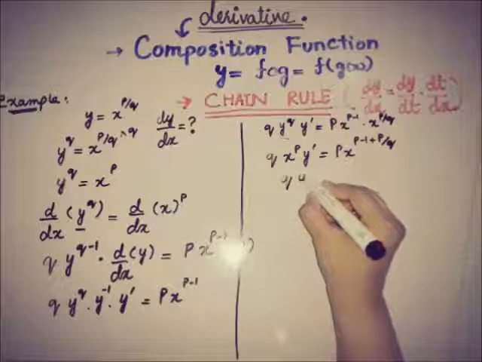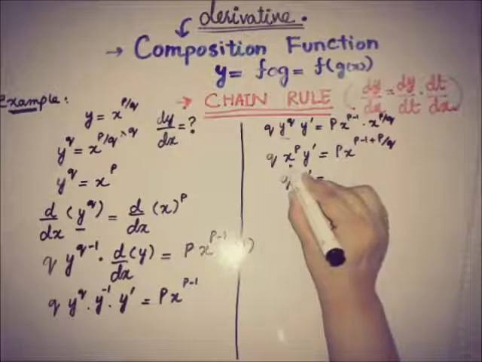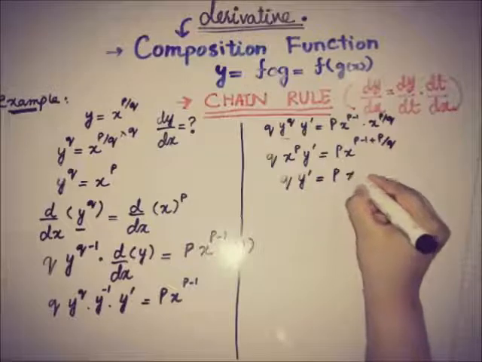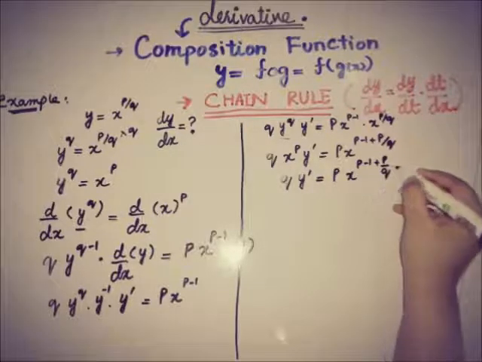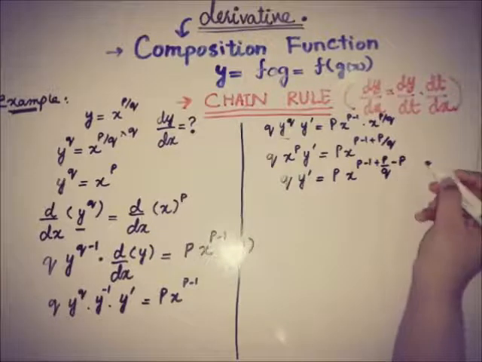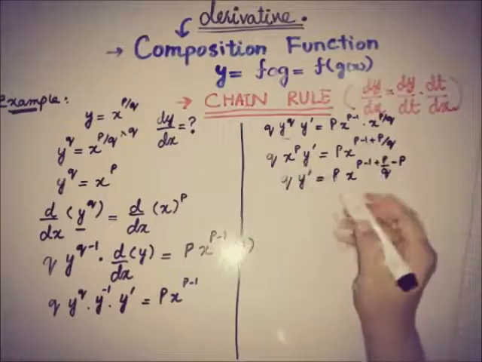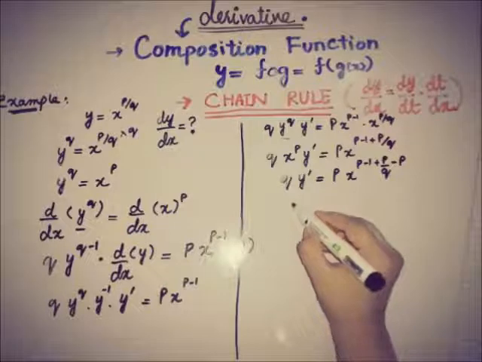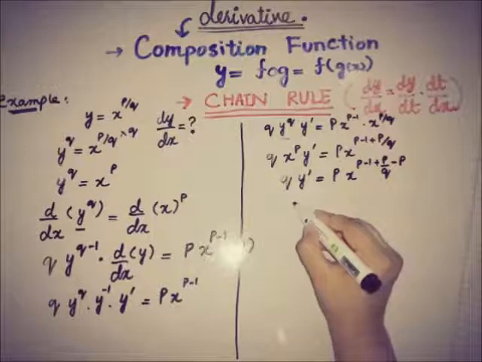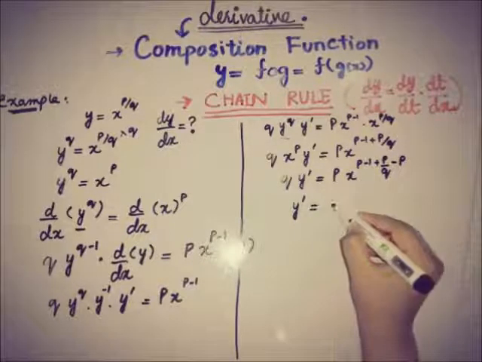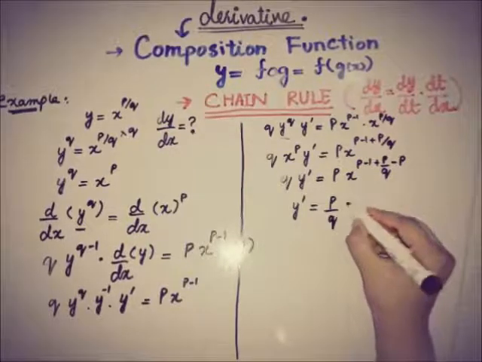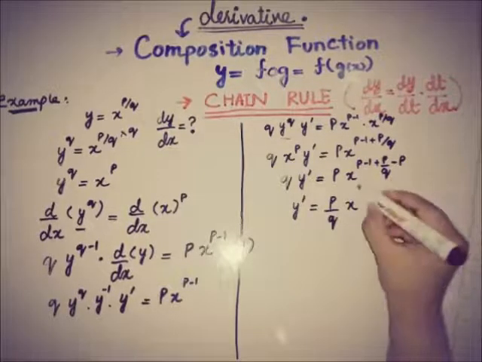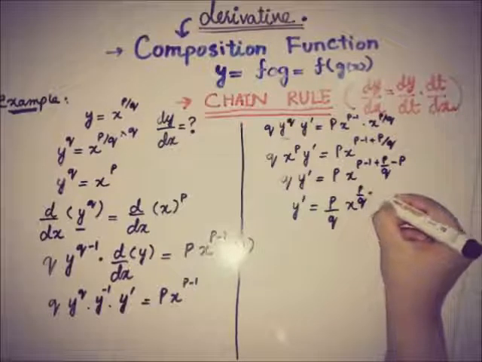Again q y prime, this will be on the other side and becomes minus p. Y prime is p by q, this goes to the other side and we will get p by q minus 1.